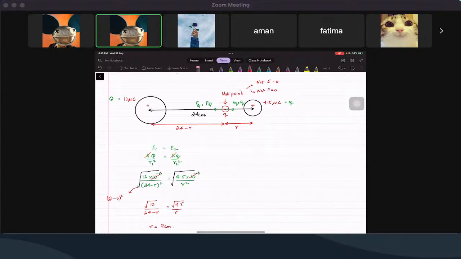Is it clear? Yeah, that's right. So if they're equal, we can put them as equal. If this is 9, then we could say that this would be 15 centimeter, because 24 minus 9 is 15, right?